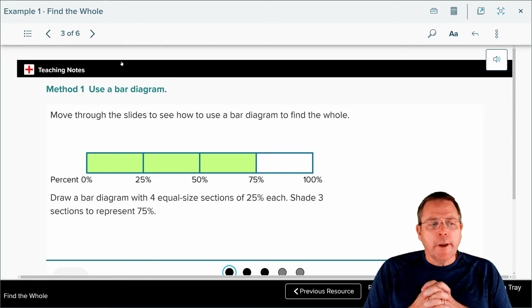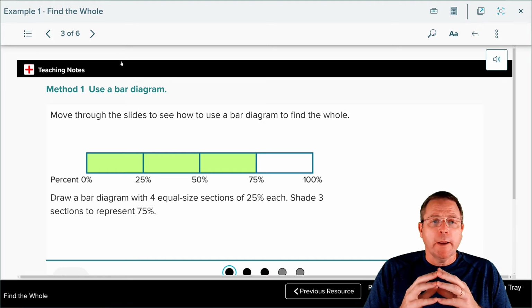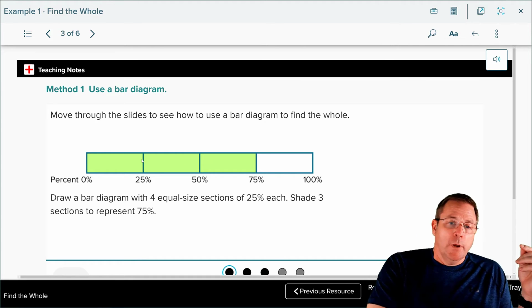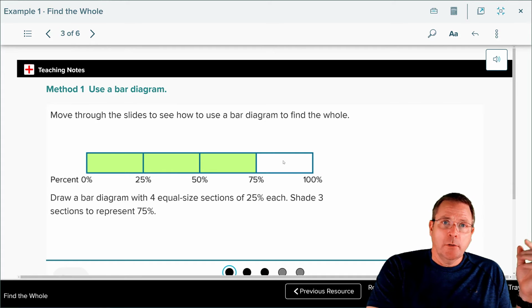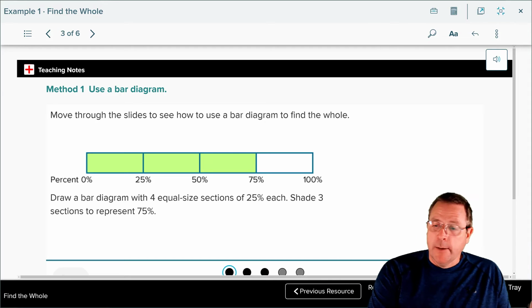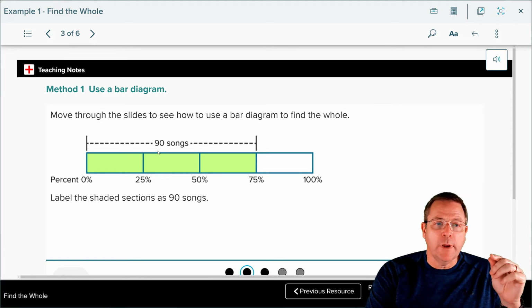So let's use the bar diagram again for our first attempt at this problem. Remember, there's several different ways you can solve them. The bar diagram is just one tool on your tool belt. So for this one, we have 100% on the bar diagram. 75% represents its music library, and it's broken down into 25% sections, which works in this case because the total number is going to be 90, and 90 is a number divisible by 3.